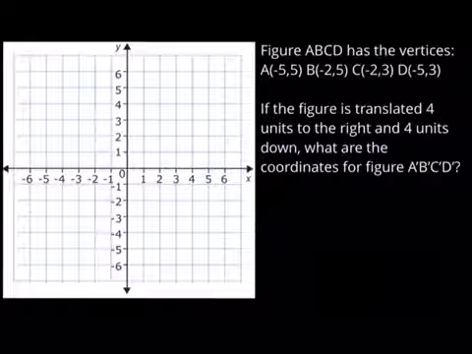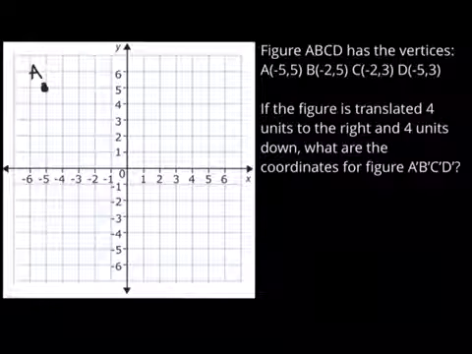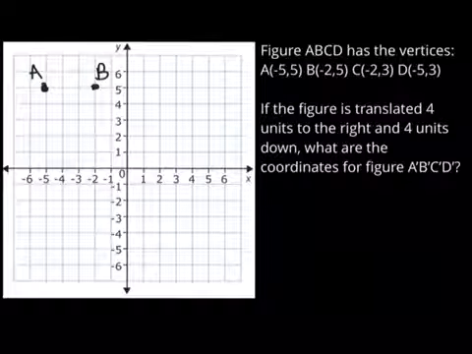It's actually going to put my dot right here. And that was A. Alright. Then it says B is at -2, so I'm going to go back 2 and up 5. So that makes B. Then we have C is at -2, 3.